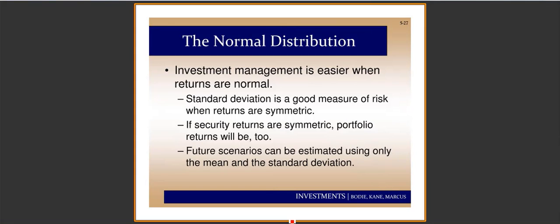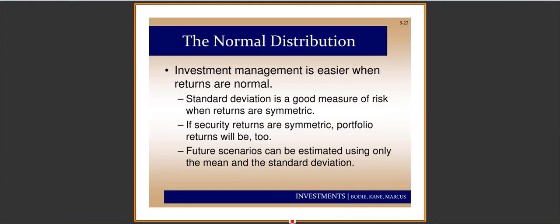Now, standard deviation is universally accepted, on many levels I should say, as a measure of risk. And one of the reasons that we're able to do that, and it makes it easier, is when we assume normality. When we assume that the returns follow a normal distribution.